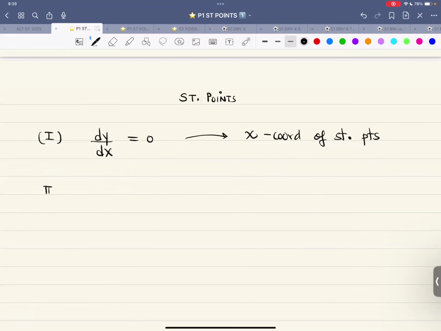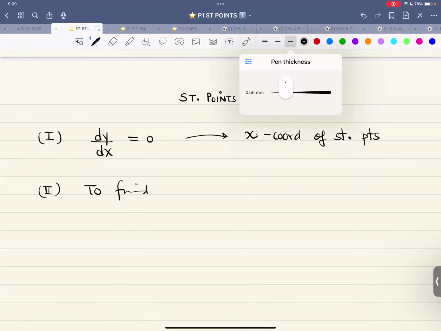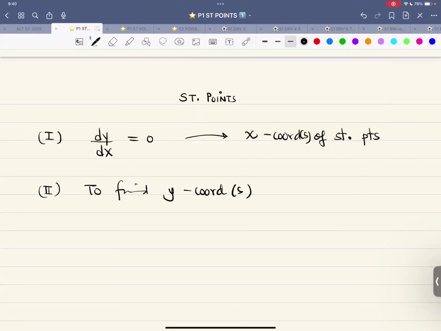The second thing is that to find y coordinates of stationary points, we plug in the x coordinate of stationary points into the equation of the curve, and you will obtain it.